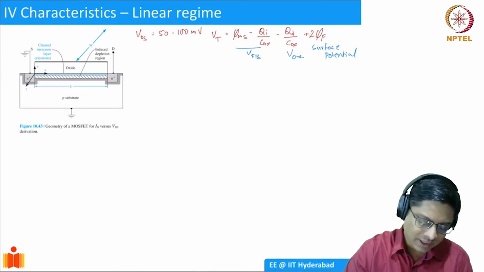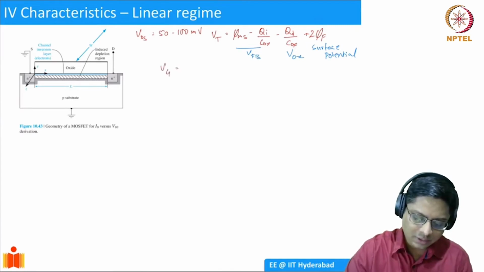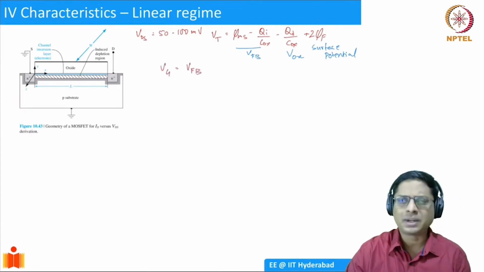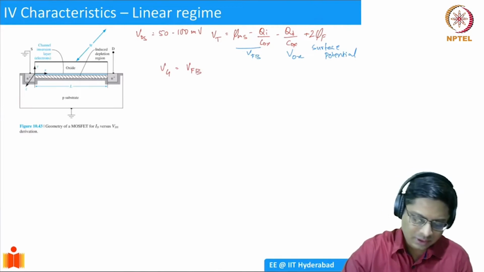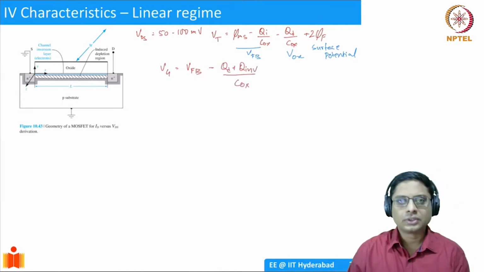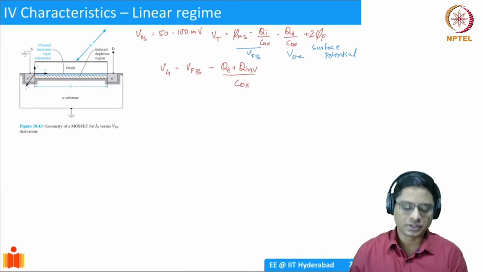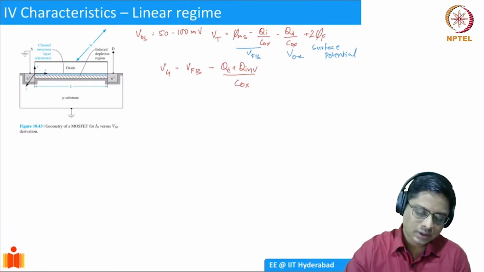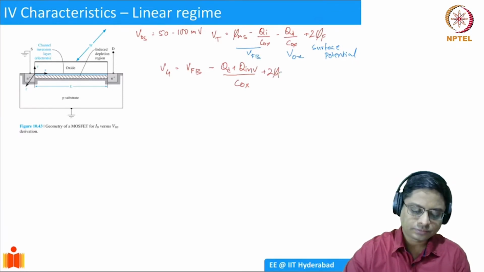There will be this VFB, which is again the flat band voltage, minus QD plus Q inversion now by Cox. So there is an additional inversion charge right below the oxide. That's why I'm adding that inversion charge into this, plus 2 phi f.